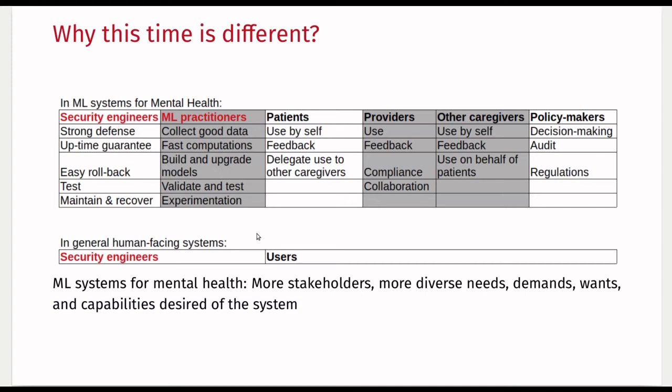Well, in general-purpose human-facing interaction systems, there are security engineers who are the builders of the system, and there are users, who under a general, straightforward user model can be described as a fairly general population with rather cohesive or uniform courses of action and predictable desires and needs of what they want from the systems and security mechanisms.